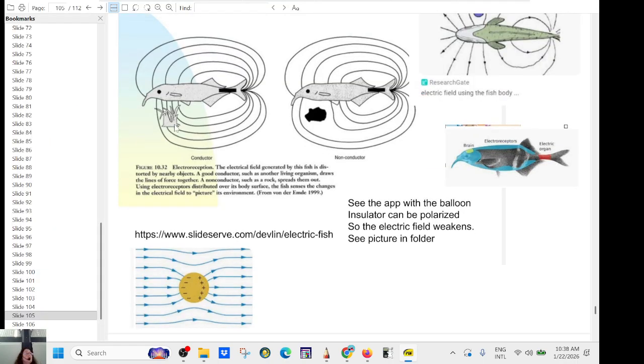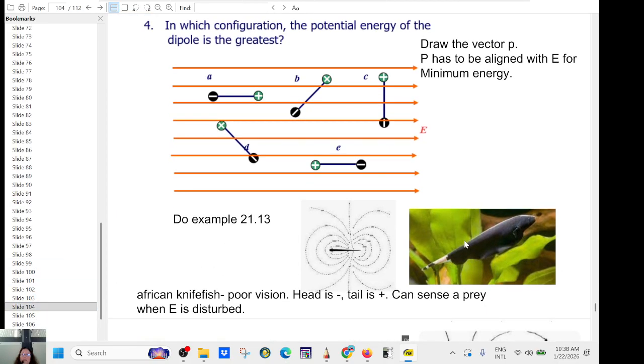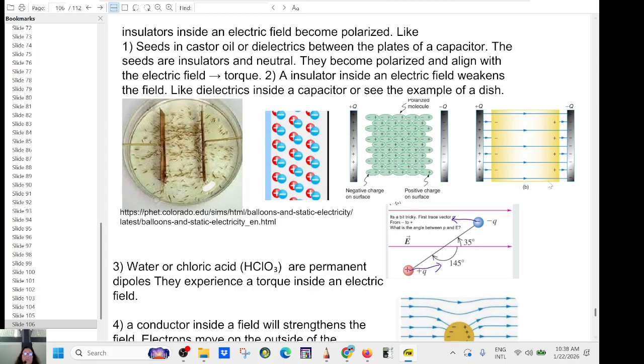If you have a conductor, it will make the electric field stronger, for pop quizzes. If you have an insulator, and then someone in marine biology explained to me that you have two kinds of fishes, one with a plus here and the minus there, and then the other one. So you have the elephant fish, and this is the knife fish, and this one is the opposite. The plus is here and the minus is there. If you are in marine biology.